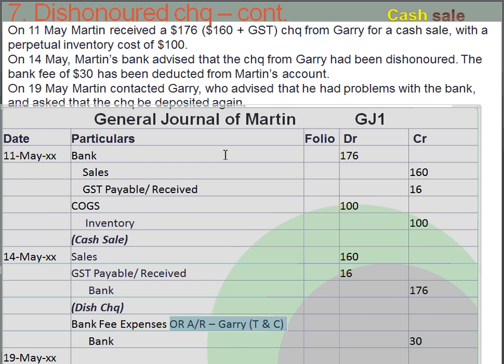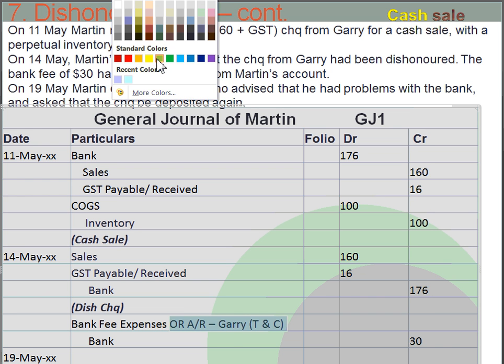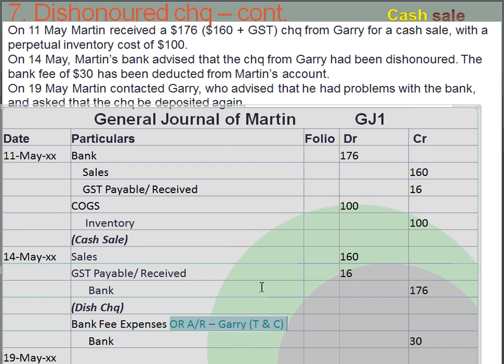Okay, so what I might do, I might make that a different color, some sort of a nice and green color, so you know it's not part of the transaction, but it's an alternative solution. All right, so if Martin can bill Gary, he will, and in this case the debit will go to accounts receivable Gary and credit will still go to bank.